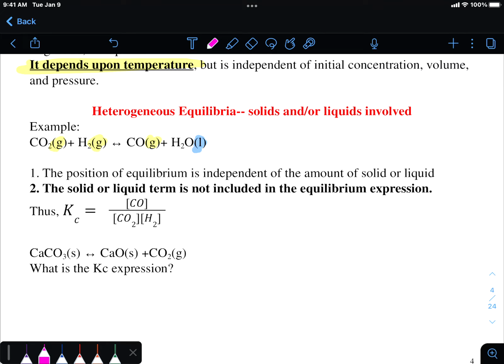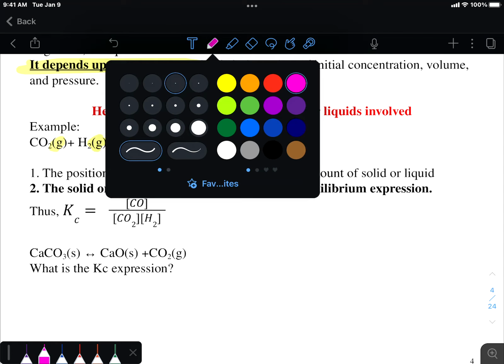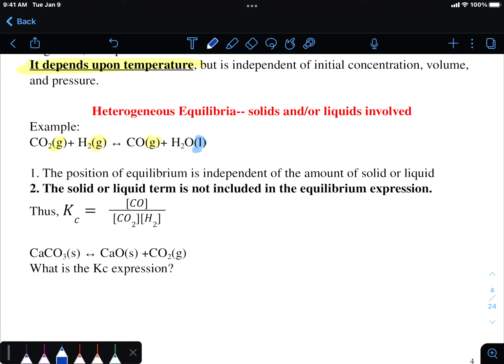So what would the equilibrium expression look like for this reaction? What would I have for that one? What would that be? Angela, what would I get for that? Yeah, it would be Kc is equal to the concentration of CO2. That's it.